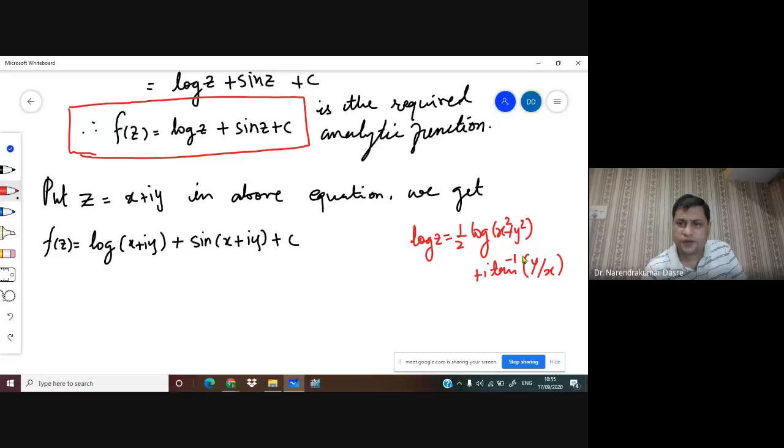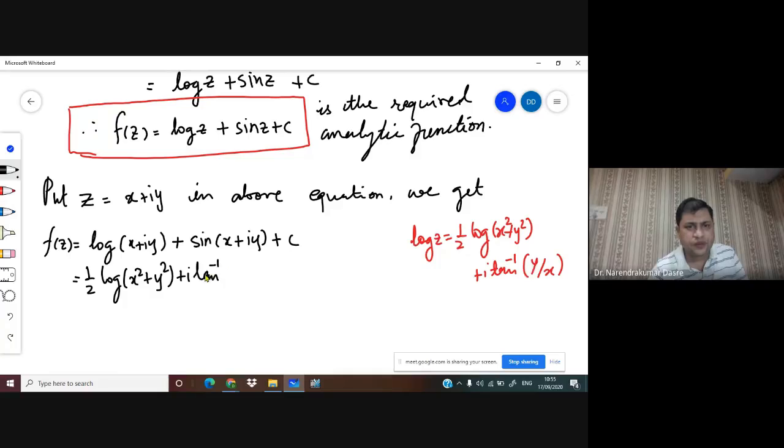So this is the formula we have, and hence we can write this as half of log of x square plus y square plus i tan inverse of y by x. And now here we use the formula sin a plus b.